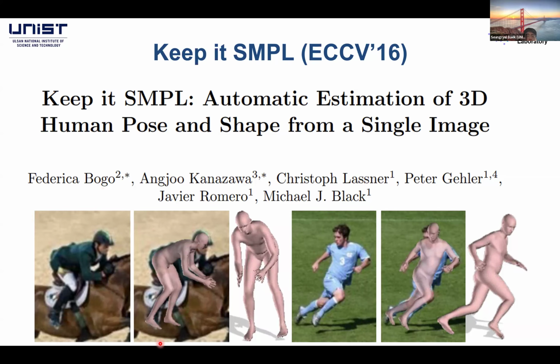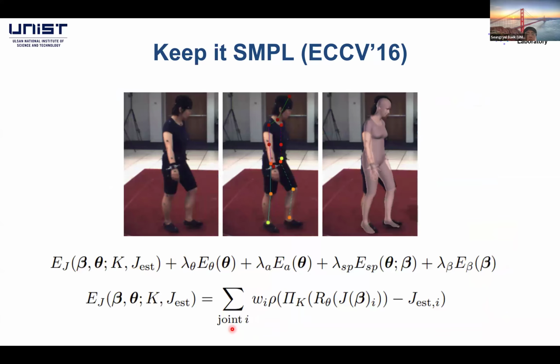But actually, there were not many tools to map these images into this SMPL model. And what they did in this paper was they first infer the human skeletons by training the deep learning network that can regress this XY 2D coordinate.